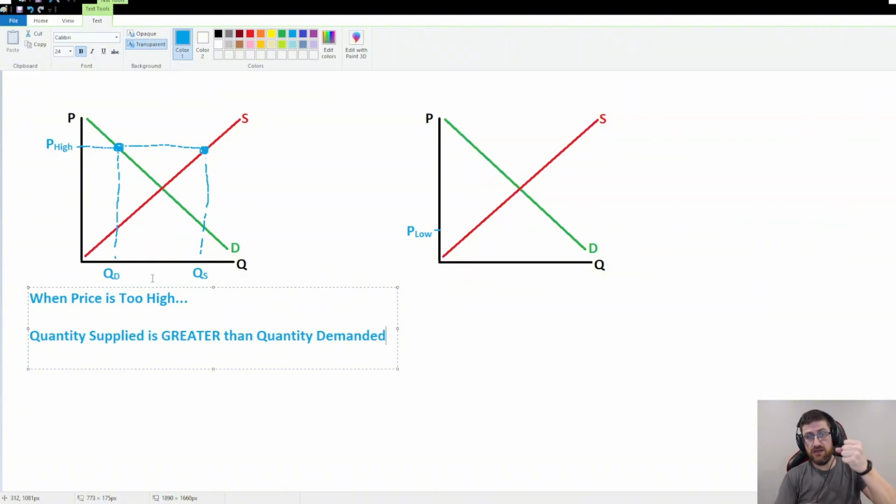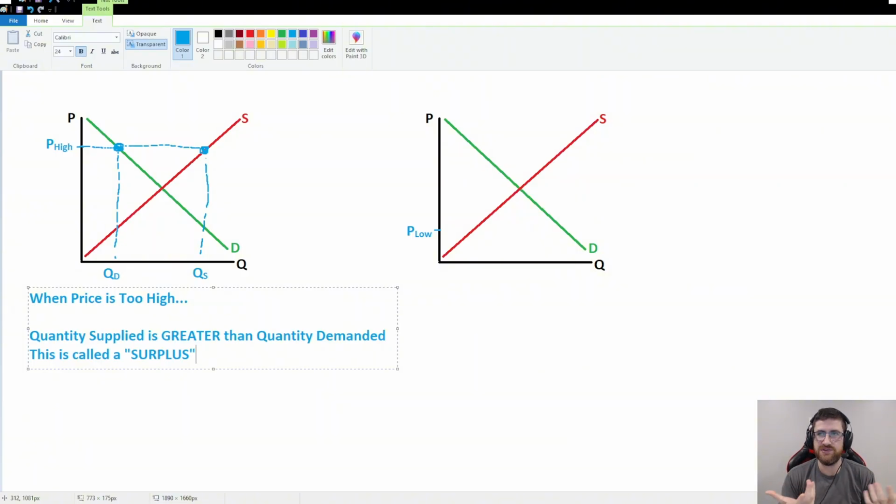You can think of it as we have all these sellers, but only this many buyers. So when I try to pair them up, I have some sellers who want to sell, but aren't actually being able to sell. There's no one lining up with them. This has a name. This is called a surplus, right? Surplus meaning we have too much.